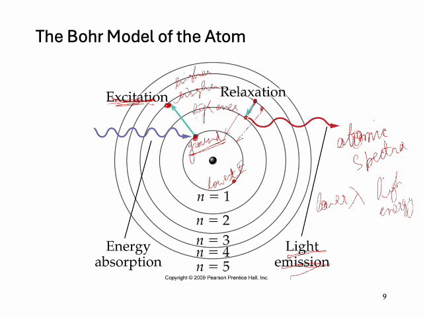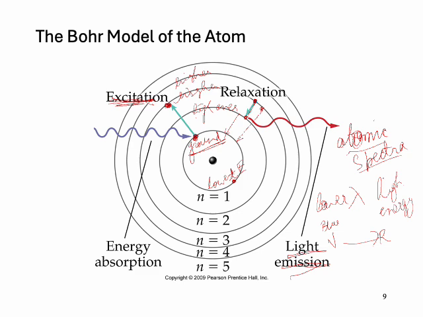Lower wavelengths start from violet, and as we go higher in the wavelength, the color changes from violet to red. So as the wavelength changes, the color of the light that is emitted is different, and that's why we see different lines in atomic spectra.